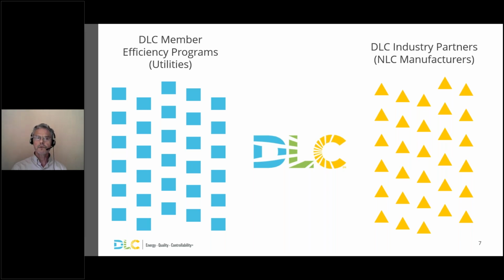The DLC aims to serve as an intermediary, helping efficiency programs agree on a common set of requirements so that manufacturers can meet one set of requirements and then qualify for incentives from many utilities on many different projects.